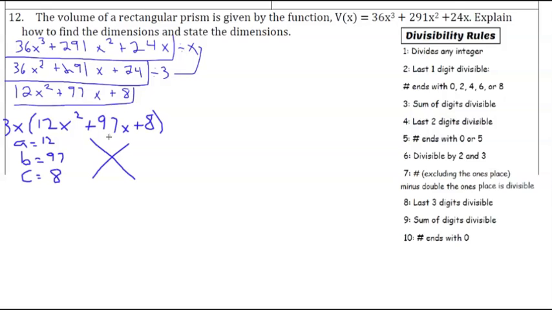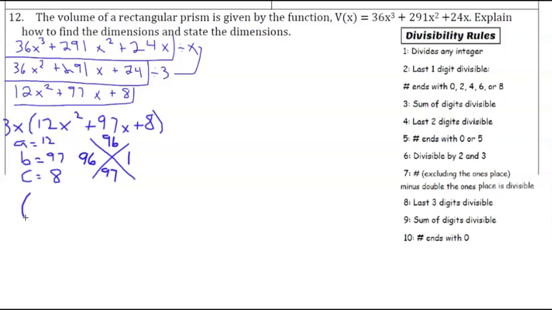So we will find two numbers that multiply to give you 12 times 8, which is 96, and they add to give you B, 97. This one looks really easy to see because we just could do 96 times 1. 96 times 1 is 96, and 96 plus 1 is 97. Of course, you could always write out one of those T-charts to write your factors and your sums.